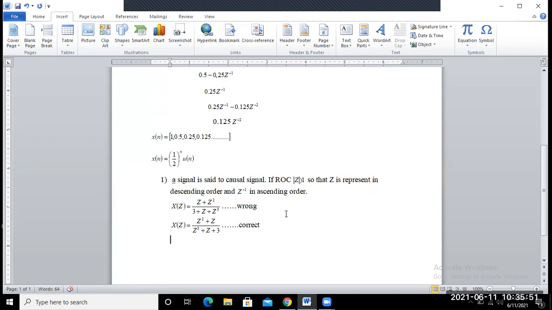Next point: in the region of convergence, that means magnitude of z is less than 1, that means the signal is a non-causal signal. Here you can represent it in this fashion.